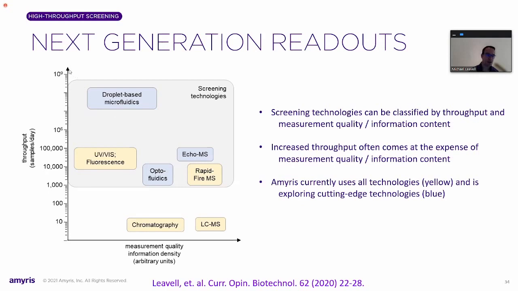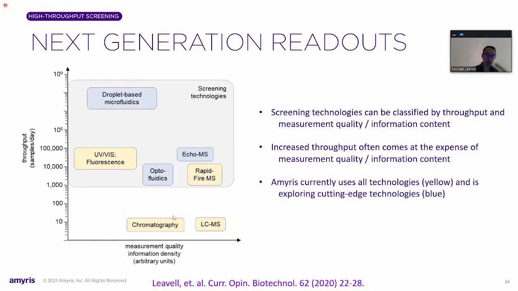When I think of different analytical assays and what we could use in high throughput screening, I think of them in terms of throughput, which here is on the y-axis, and then measurement quality or information density, which is on the x-axis. Oftentimes what you find is that the higher the throughput you have, the less quality or information density you get, and vice versa.